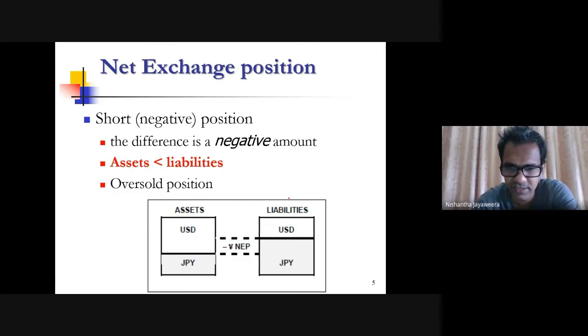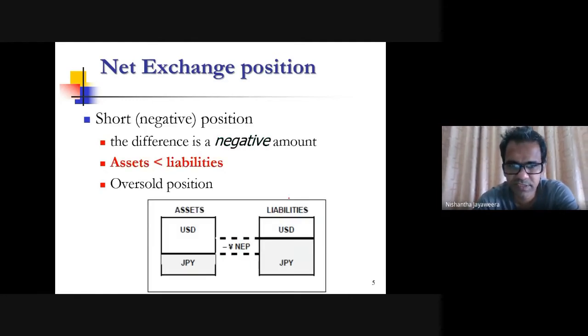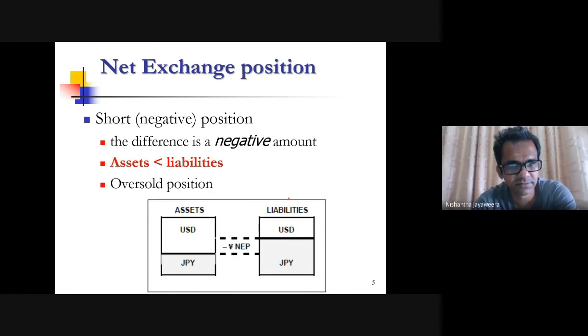So what I'm trying to say is, whenever you have a long position in one currency, definitely you should have a short position in another currency. A long position in one currency will get offset by a short position in another currency. That has to be there. Is it clear? In this slide, it's a short position in yen, not in dollars, because you have more assets and fewer liabilities in dollars.